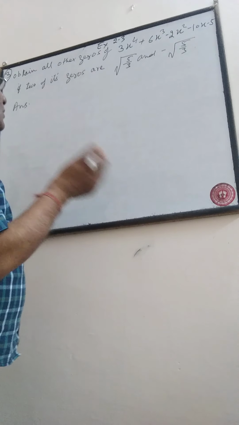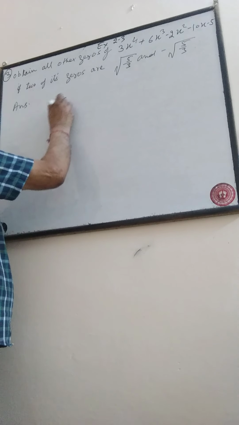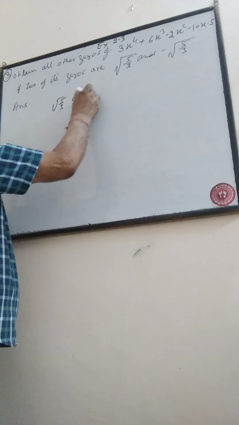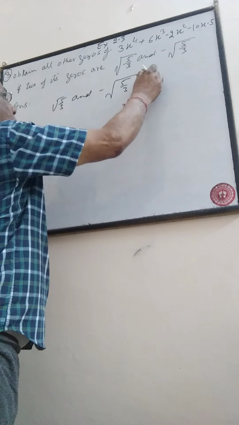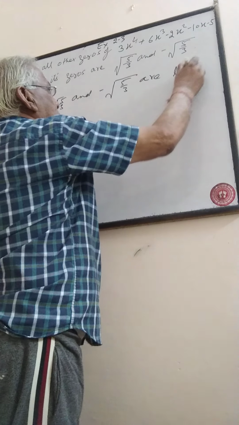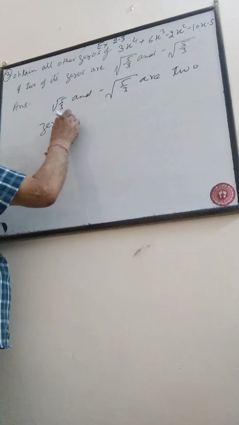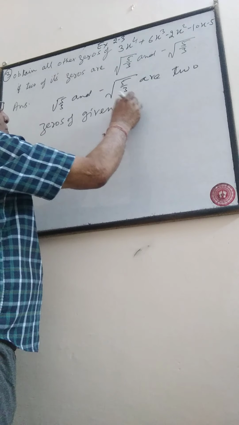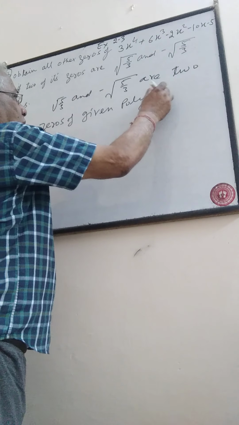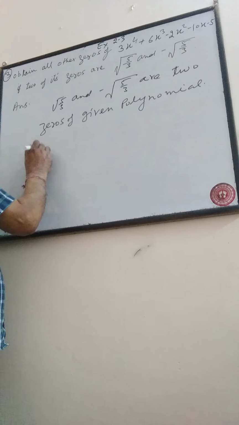First of all, you will write that root 5 upon 3 and minus root 5 upon 3 are two zeros of the given polynomial. Therefore, what will happen?